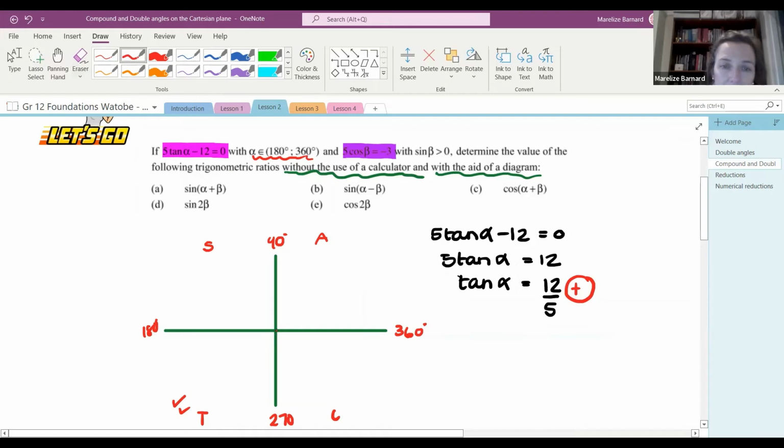We're going to place this rotating arm in the third quadrant. We have rotated all the way from over here where 0 degrees is, as well as 360. So we're always rotating in an anti-clockwise direction. That is my angle alpha.